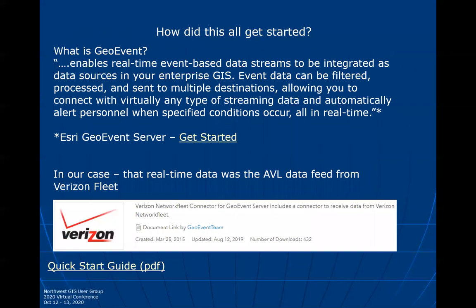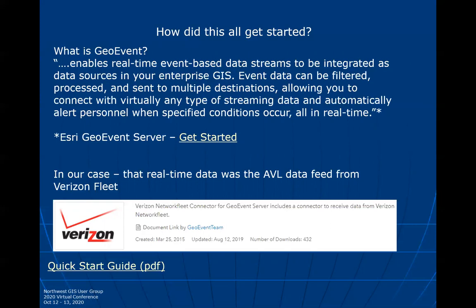Well, GeoEvent is the Esri extension for ArcGIS Server that enables real-time, event-based data streams. Basically, this is live data that comes in. Think about a GPS feed. Things like that can be integrated into your enterprise GIS. You can filter it, you can do other processes to that data, and then push it out into other applications to represent that information.